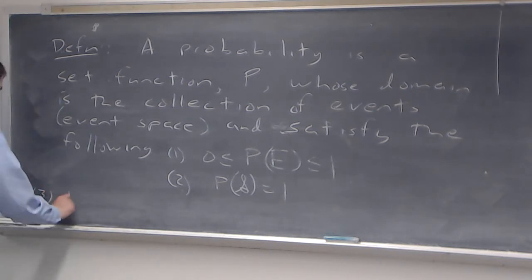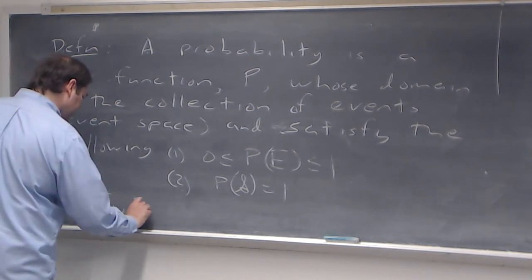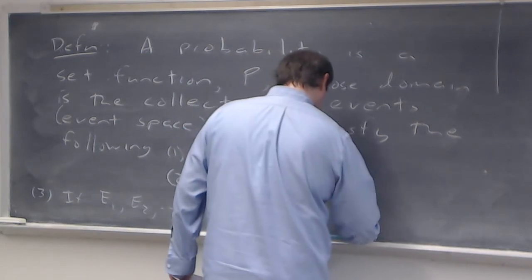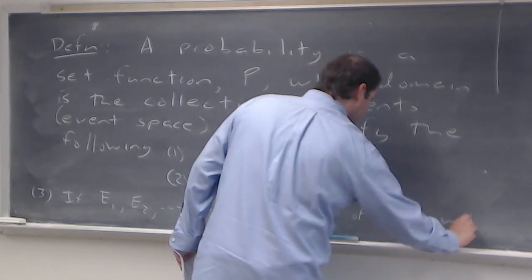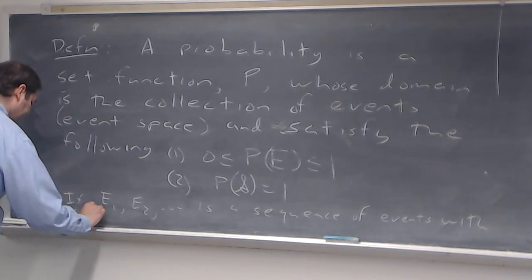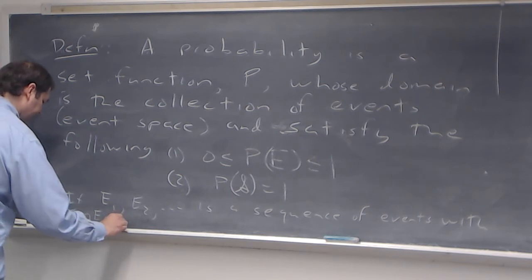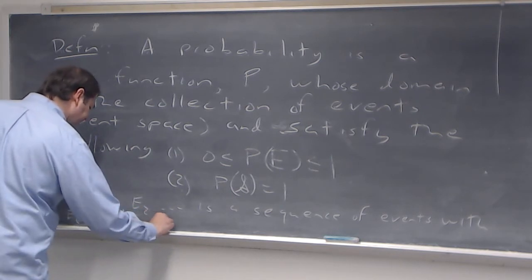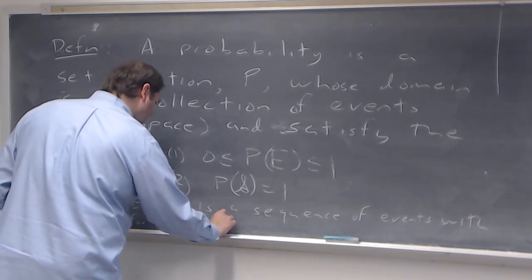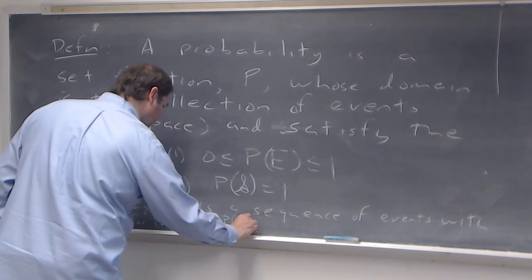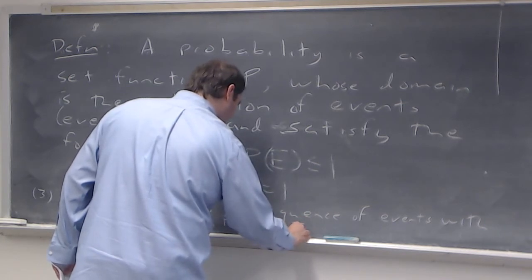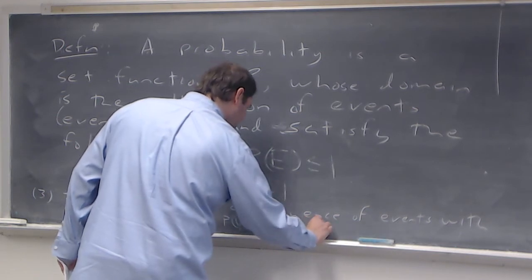And thirdly, if E1, E2, and so forth is a sequence of events with Ei intersect Ej equaling the empty set for i different than j, so if they're mutually exclusive events, then the probability of the union as i runs from 1 to wherever it runs to of Ei is equal to the sum as i runs from 1 to whatever it runs to of the probability of each Ei.